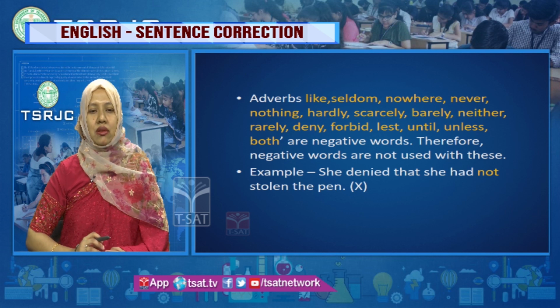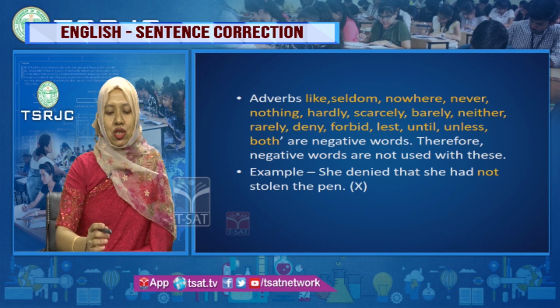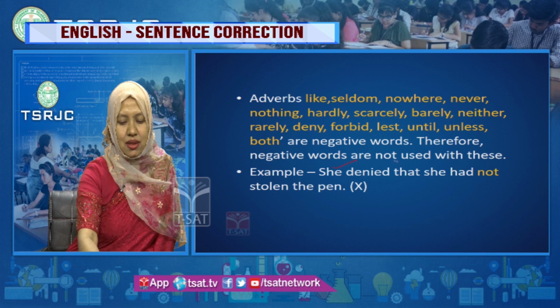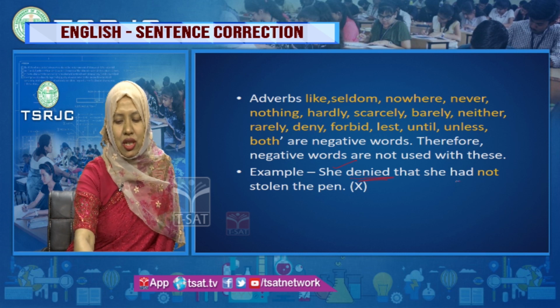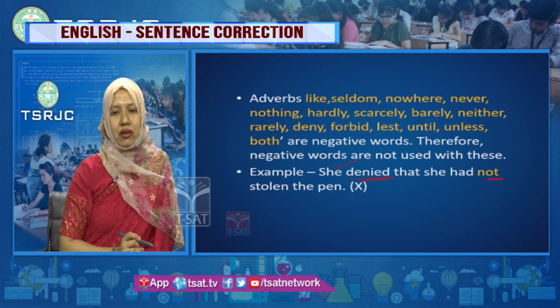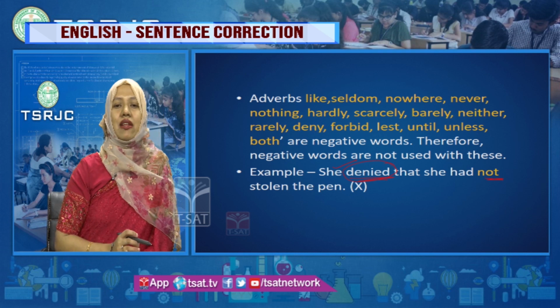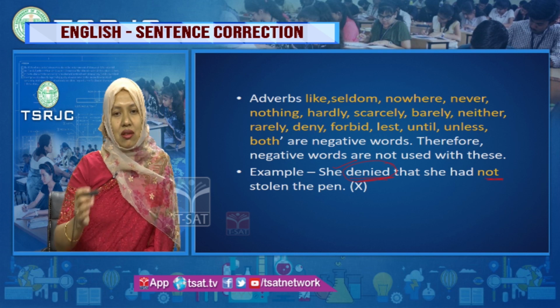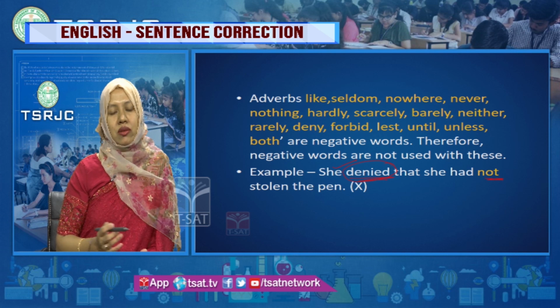Now example, she denied that she had not stolen the pen. If you look at the sentence, she is the subject, denied is the main verb, that she had not stolen the pen. Now here in this sentence, denied itself means no, not.